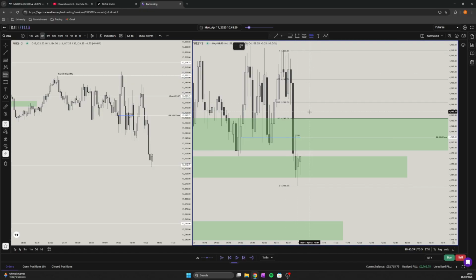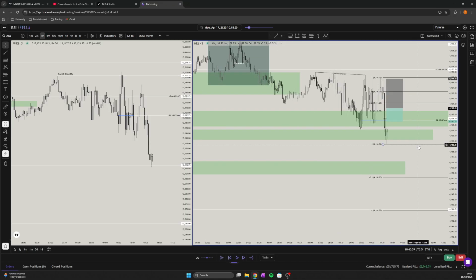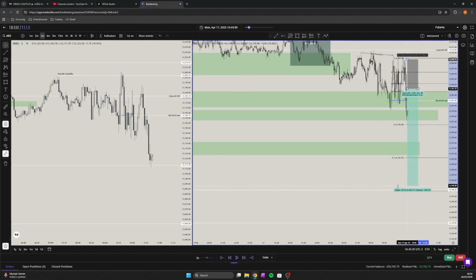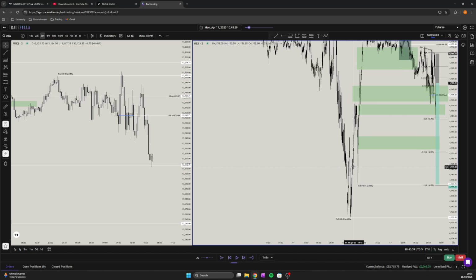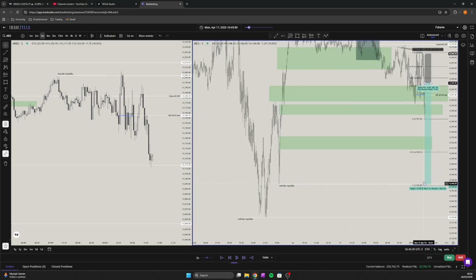Once again, I'm going to copy the same thing I wanted to do last time and put my entry where the inversion gap is coupled with this. Put my stop loss at the swing high, and we are targeting this low here.